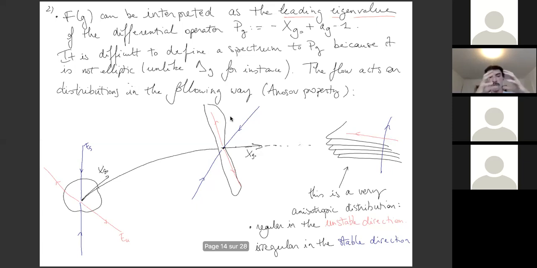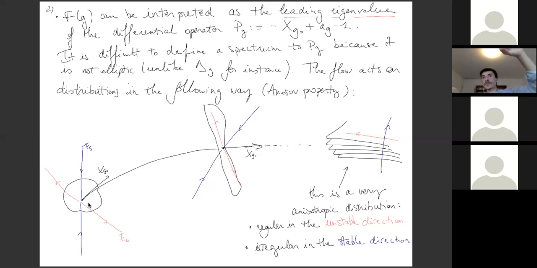And when you start with a probability distribution here, say a smooth function, for instance, a bump function, and you move it by the flow, the fact that it's Anosov, so it's hyperbolic, means that it's going to be stretched in a direction, which is called the stable direction, and it's going to be squeezed in another direction. So in the end, if you start with a very round probability distribution and you let the time go to plus infinity, then you're going to see something stretch in this direction.